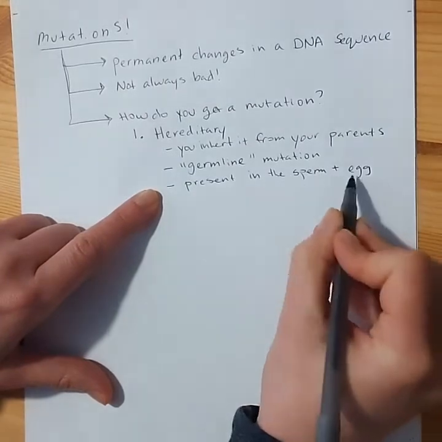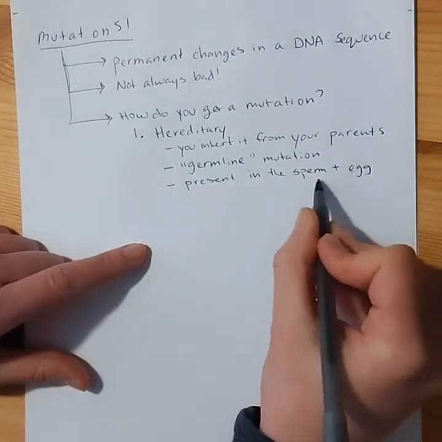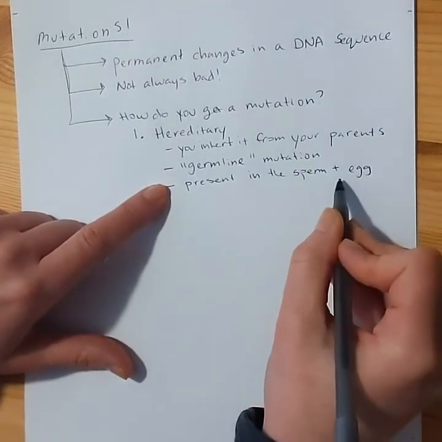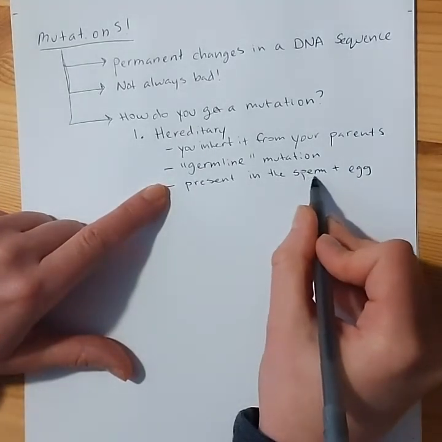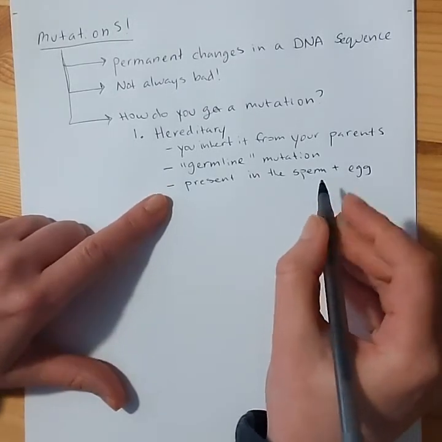Now, if the sperm has a mutation and it fuses with an egg, creating a zygote, that zygote will do mitosis and grow into a person. That means that whatever mutation was in the sperm is going to be in all cells of your offspring.